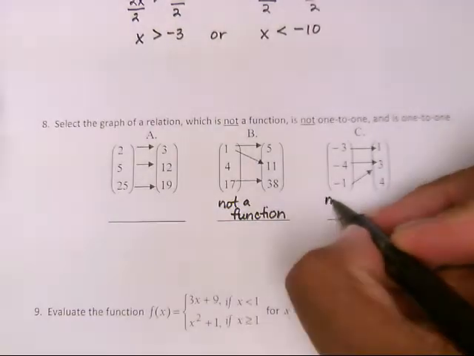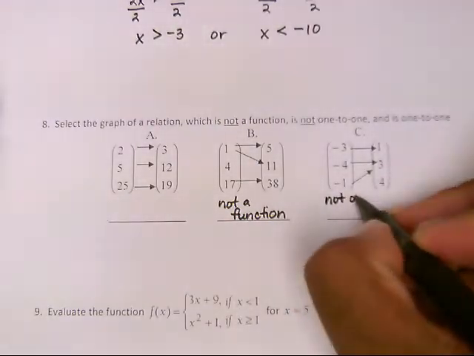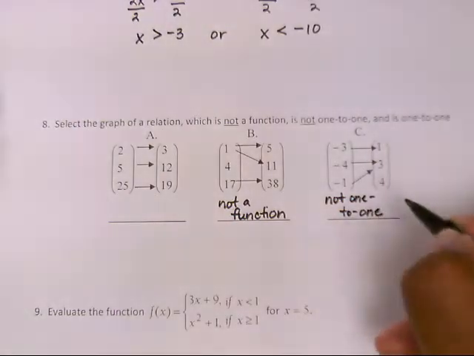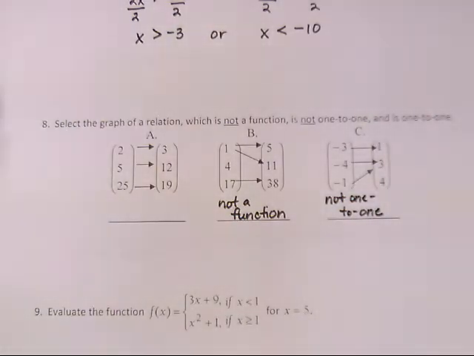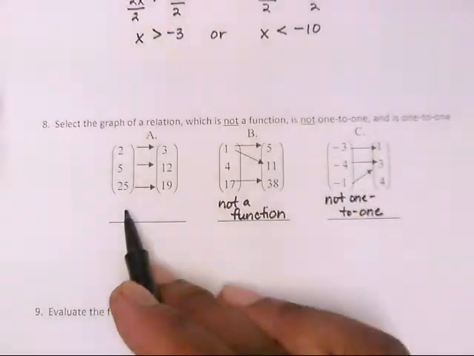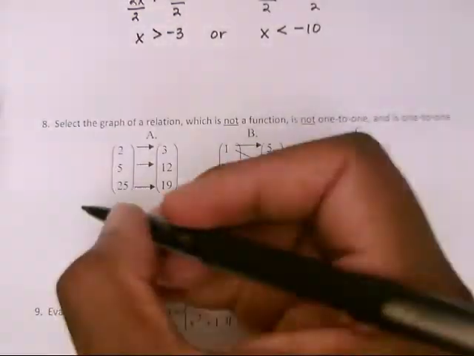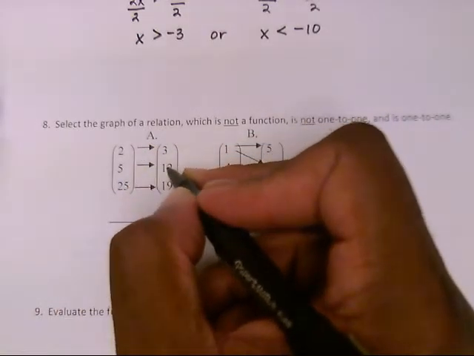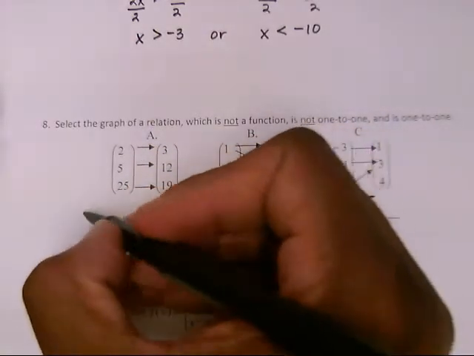So this will be a mapping that is not one-to-one. Which means that mapping A is one-to-one, because you only got one x to one y, one x to one y, one x to one y.